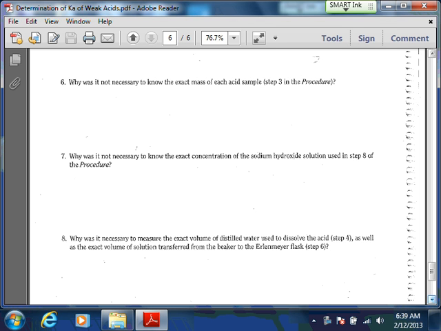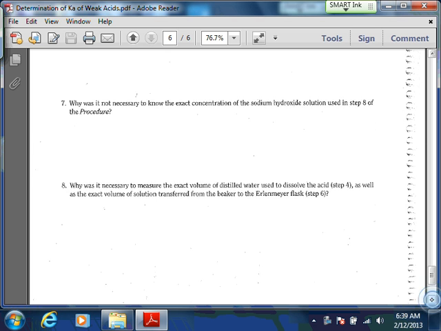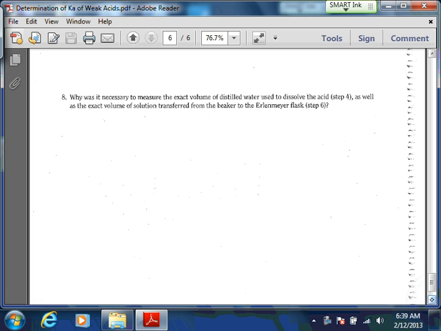Then number 8 asks, why was it necessary to measure the exact volume of distilled water, as well as the exact volume of the solution transferred? I want you to think about those three and see if you can figure them out. If you have questions about that, I can help you in class, but I don't want to give you everything here. So see if you can figure those out.